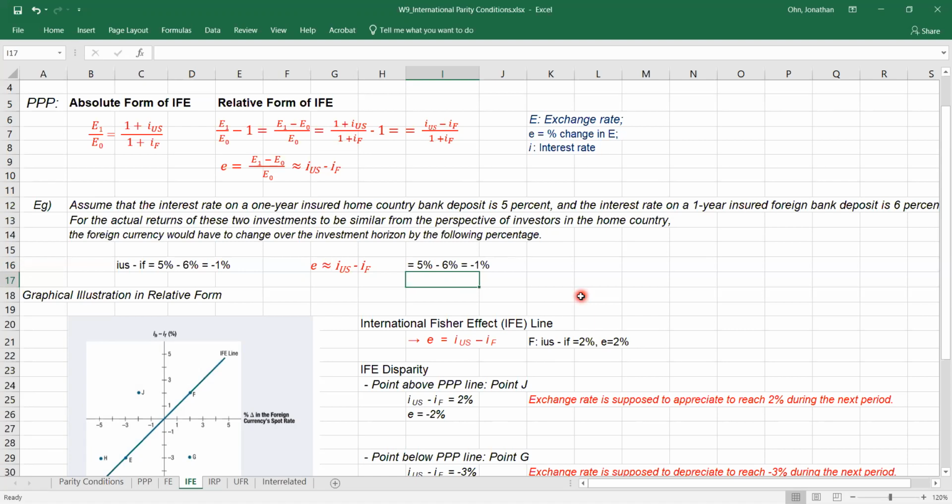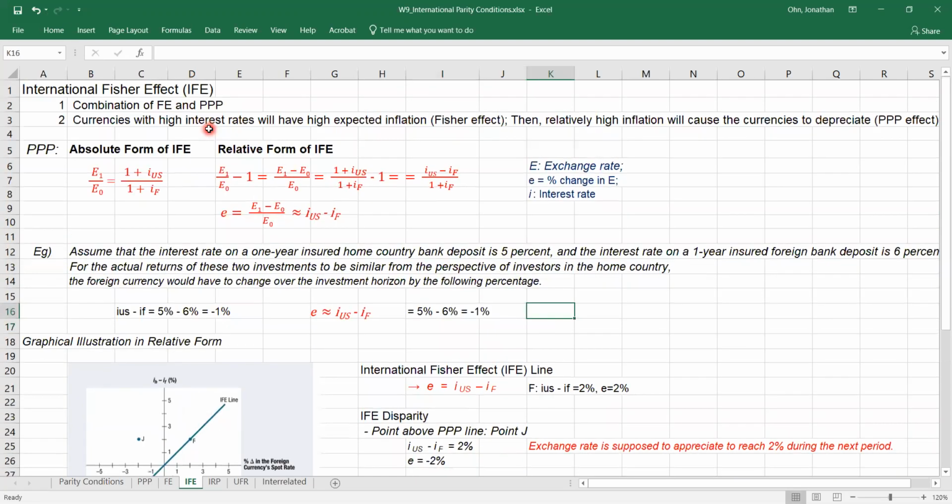That means this currency, whatever it is, given this information, is expected to appreciate by 1% in the near future, in the next year. You see what I mean? Okay. That is the international Fisher effect.